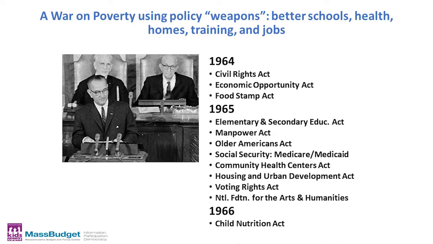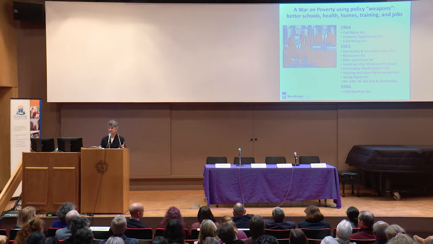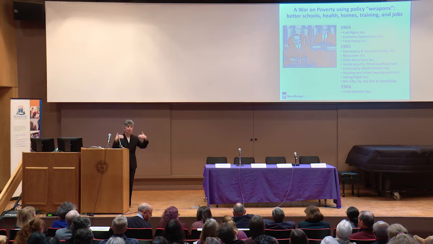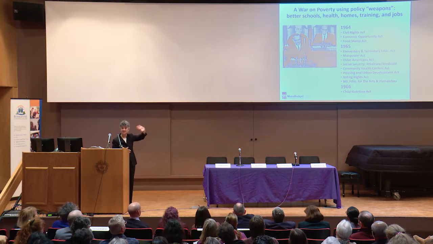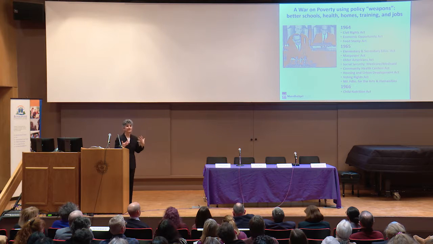And what are the weapons he's going to use in this war? The weapons are better schools, health care, safe and affordable homes, training, jobs. These are the weapons in the declared war on poverty. I'm not going to read this list. It's a long and overwhelmingly impressive list of legislation that was passed during this period.